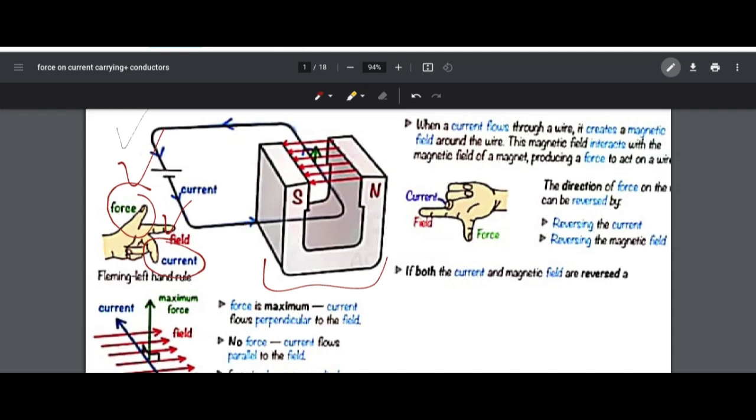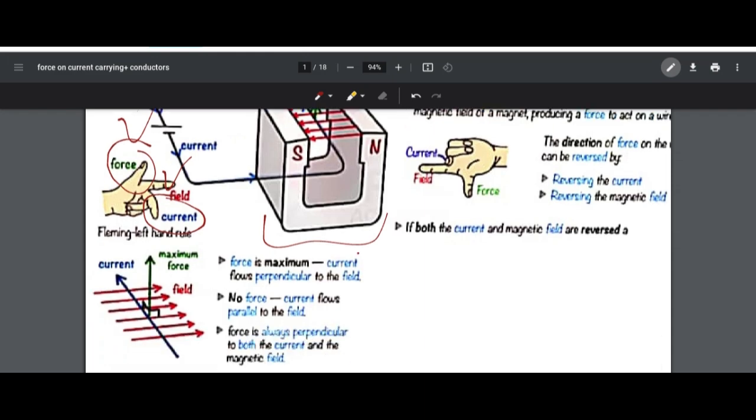As these fingers are perpendicular to each other, the force is maximum when the current flows perpendicular to the magnetic field. Yes, and done. Now this is also written here, these points, okay?